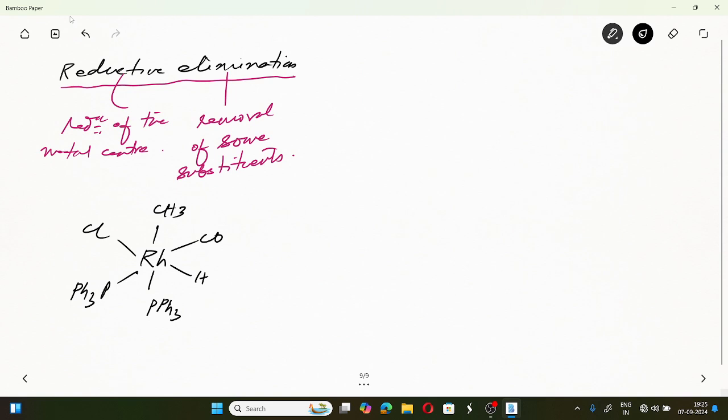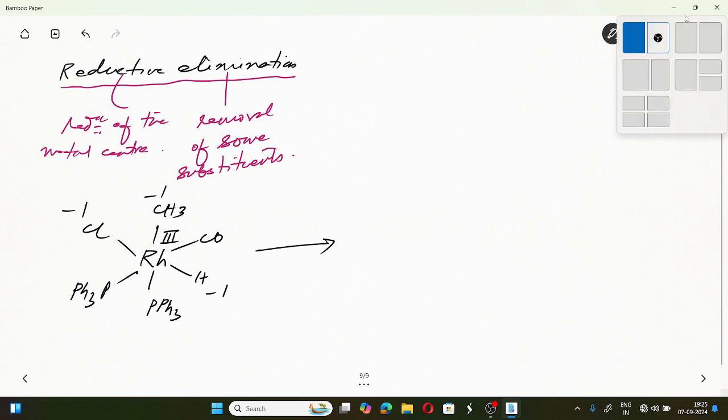Now in this complex আমরা বুঝতে পারছি, দেখো এই যে কমপ্লেক্সটা, এটা রোডিয়ামের অক্সিডেশন স্টেট কত, দেখো এটা -1, এটা -1, এটা -1, তাহলে রোডিয়ামের অক্সিডেশন স্টেট ইজ +3, তাই তো? এখন এই যে কম্পাউন্ডটা, now this compound, if you look closely, this is not very stable.